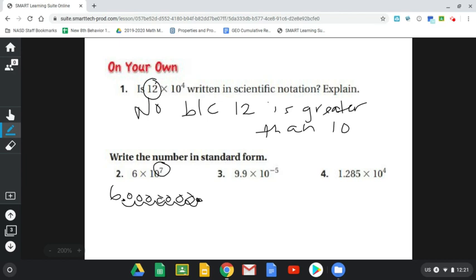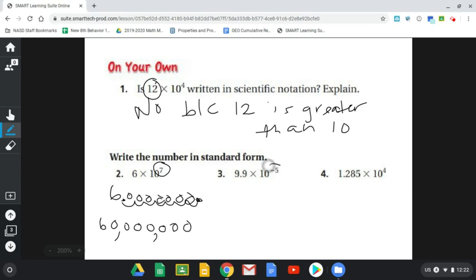So we're just going to rewrite this as 6. And it looks like I have 1, 2, 3, 4, 5, 6, 7 zeros. And then let's put some commas in every 3 digits. So a comma there and a comma there. And then we're done.